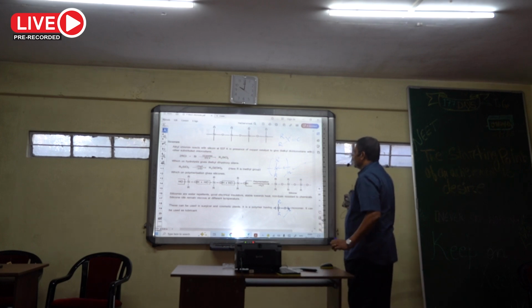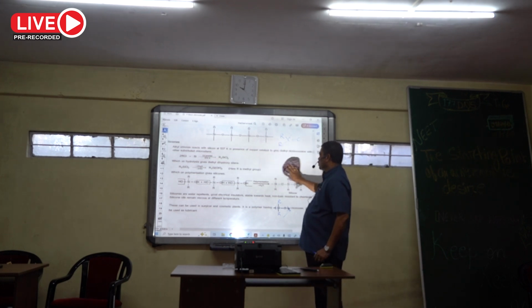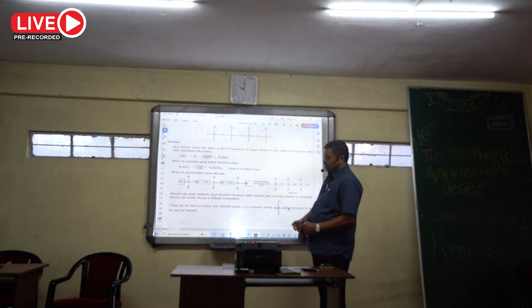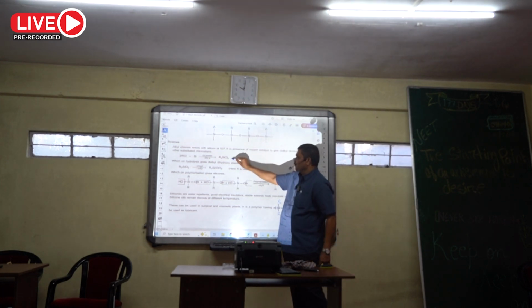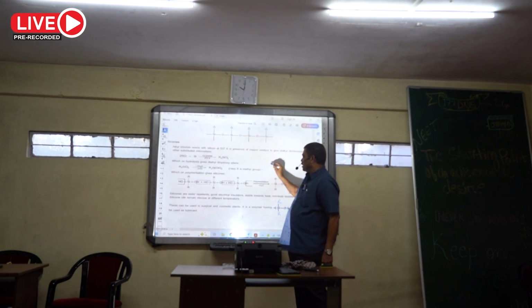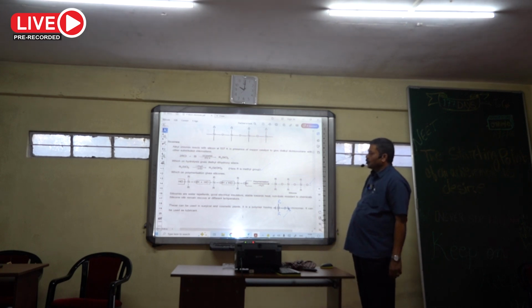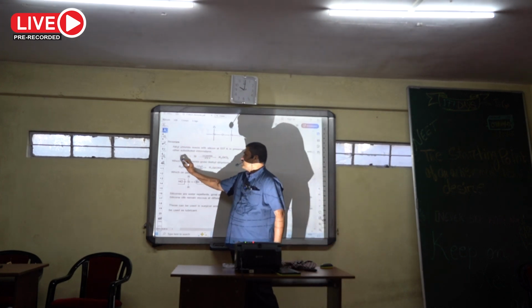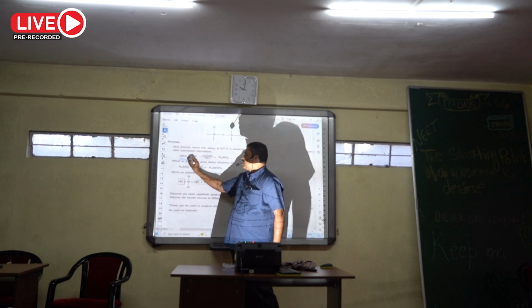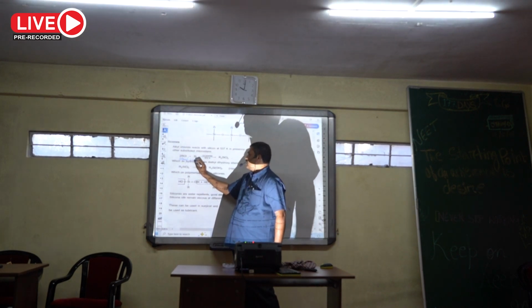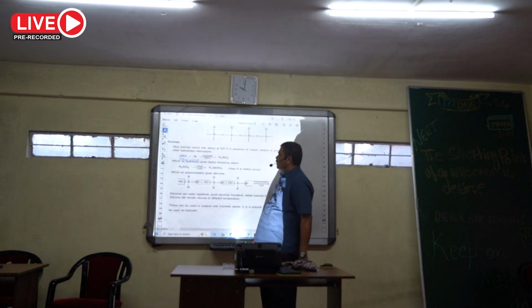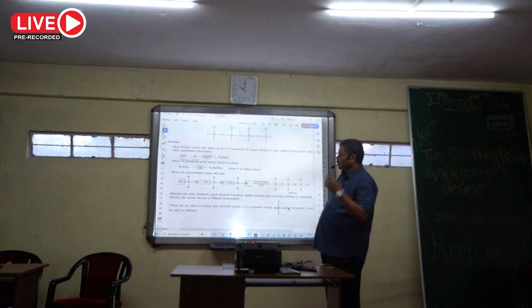So what you have to write is preparation of silicones. Just write this equation, and this one. Total 3 you have to copy. 2RCl, alkyl chloride, heated with the silicon in the presence of copper catalyst, you will get R2SiCl2.